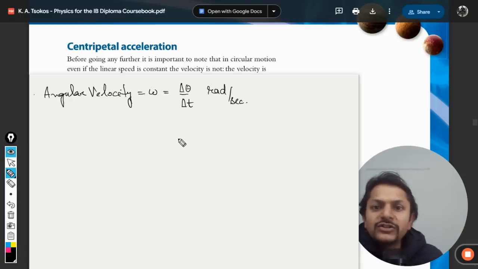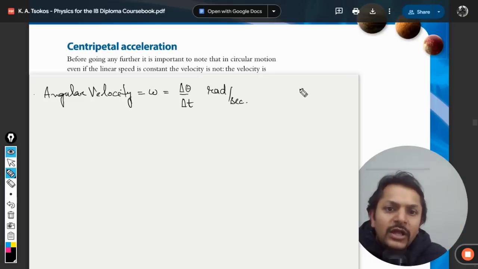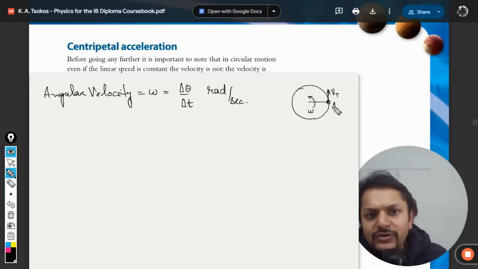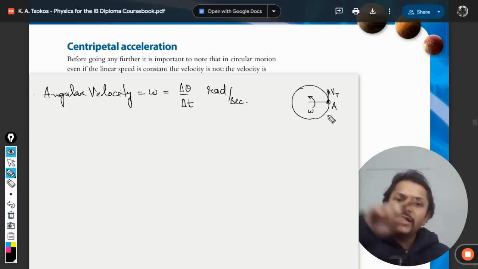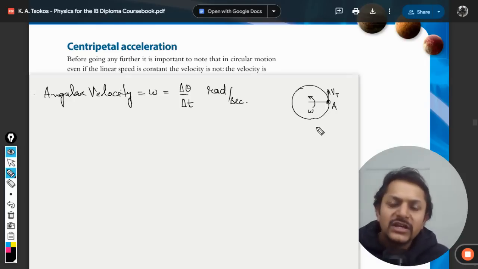So let us now concentrate on the complete circle. Let us say this is one complete circle and there is a bob here, moving with a tangential velocity of vt and an angular velocity of omega, and it comes back to the same point again, completing one circle. So what is the angle that it traverses? 2 pi.